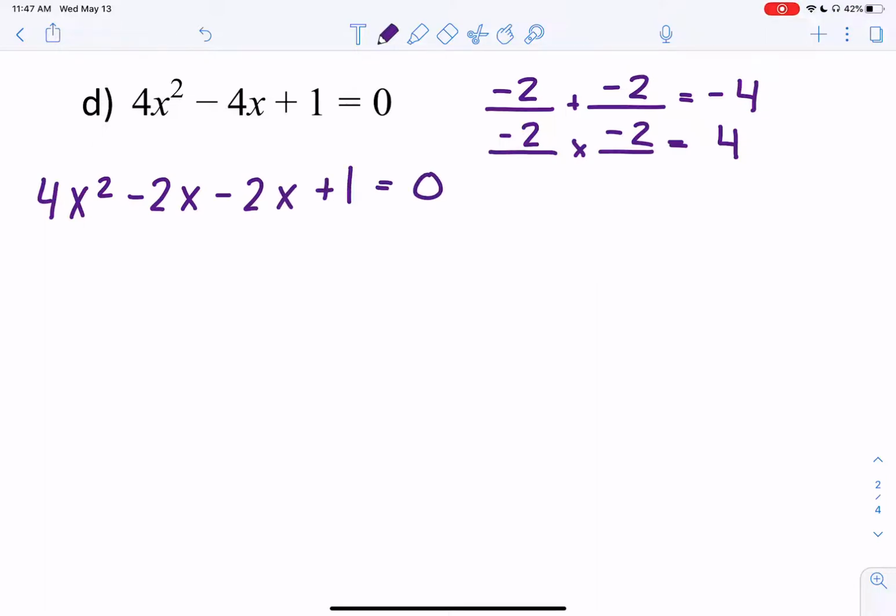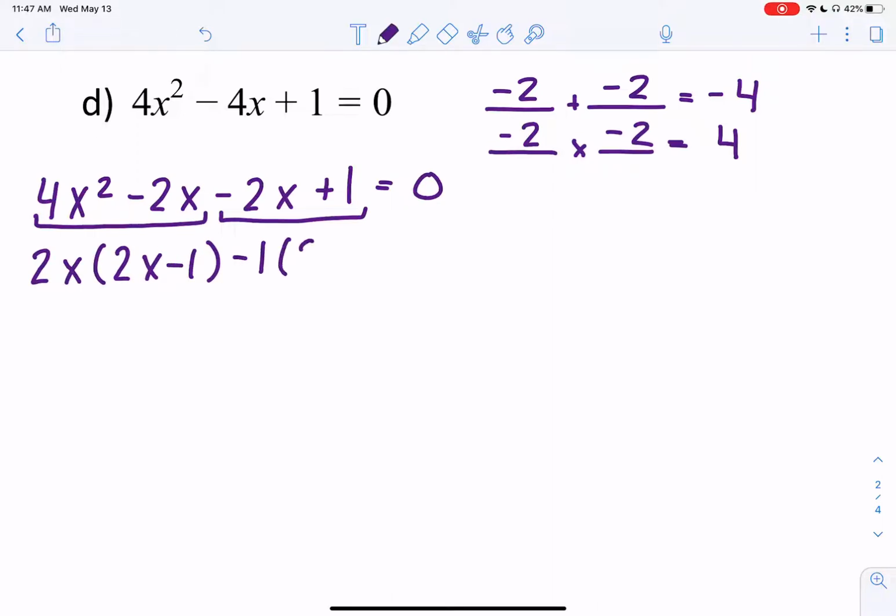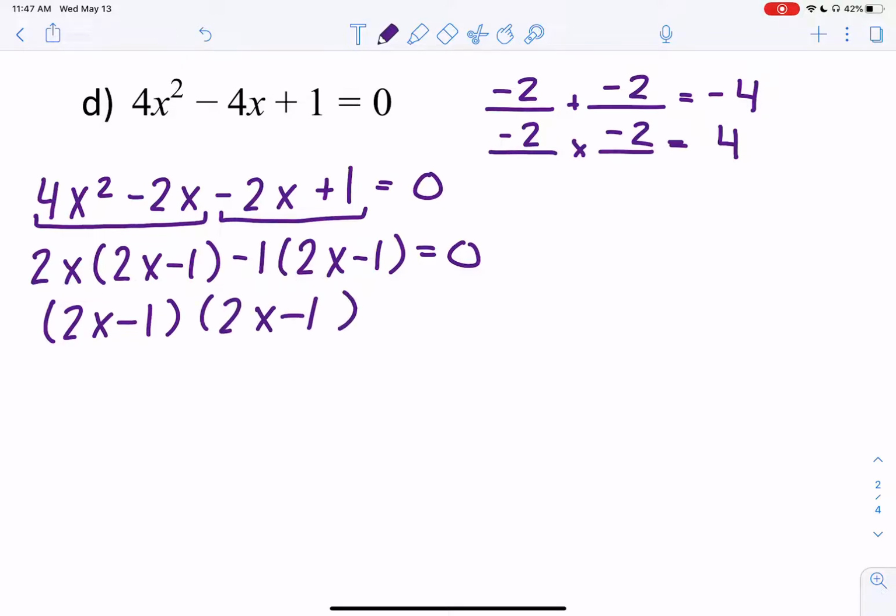Now we just factor by grouping. So we'll common factor as much as we can out of both of those groups, and then we'll take those matching brackets out. And then once we have it all factored, we just set our brackets equal to 0.